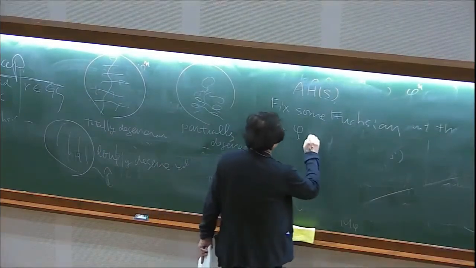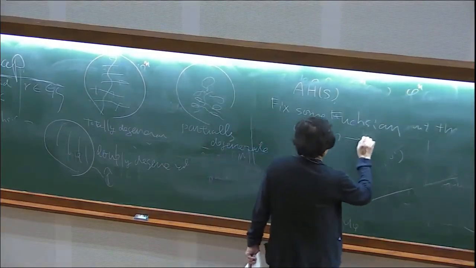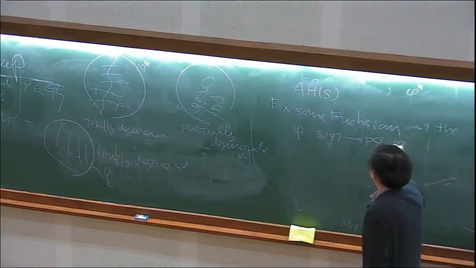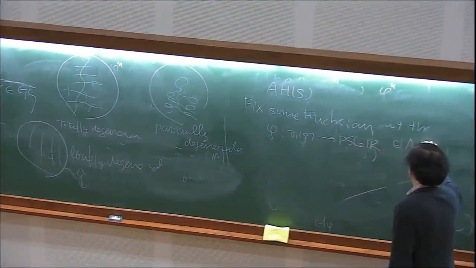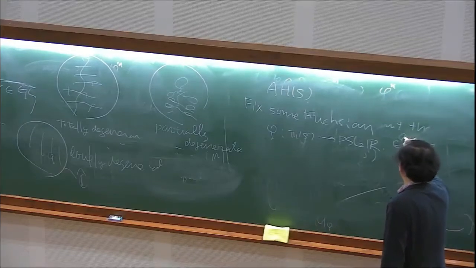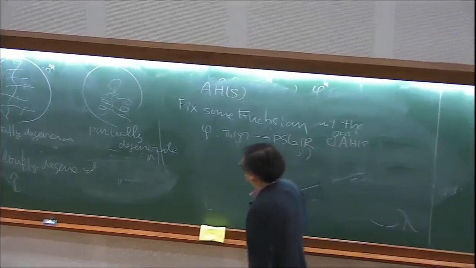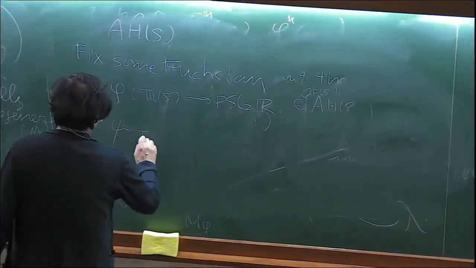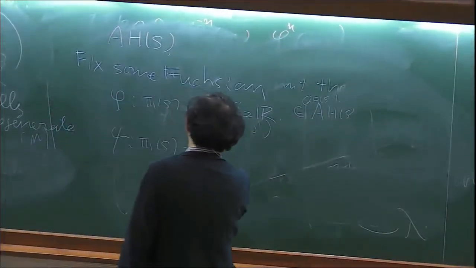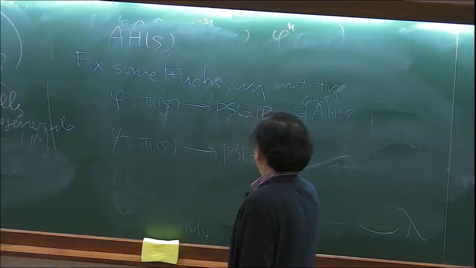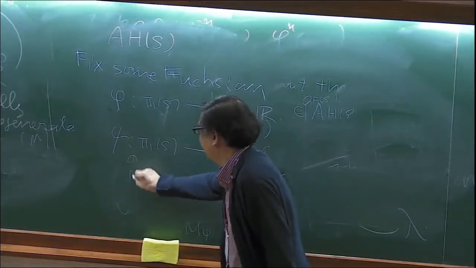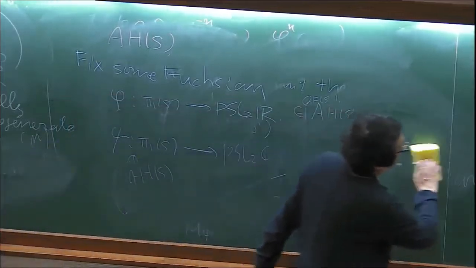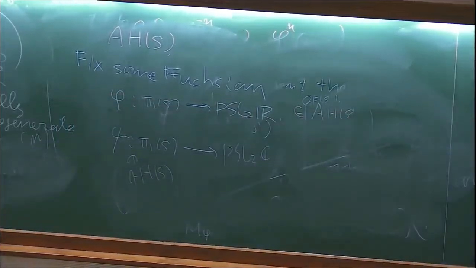So phi is a Fuchsian representation, so it's contained in AH of S or the QFS, and you consider any element psi in AH of S.